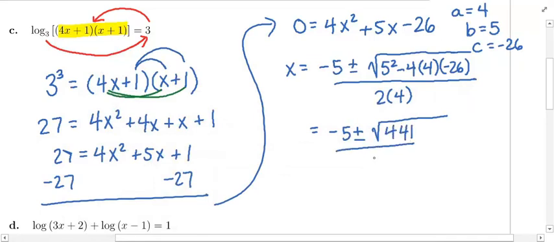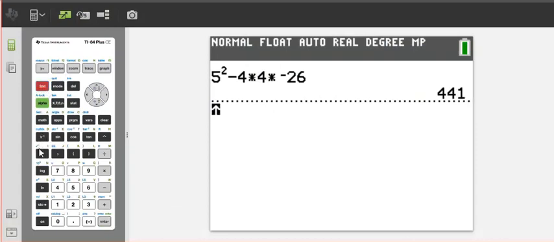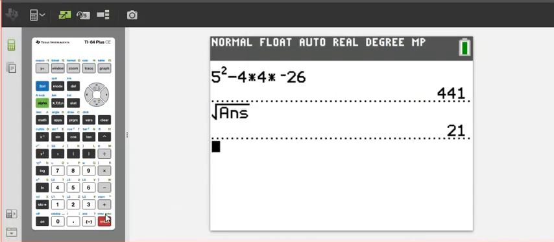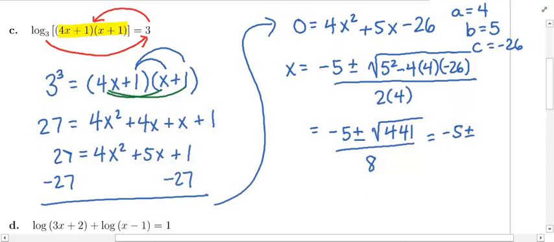We're dividing by 8. Let's see if this square root simplifies. This is going to be negative 5 plus or minus the square root of 441, which is 21. So this is going to be negative 5 plus or minus 21 over 8.